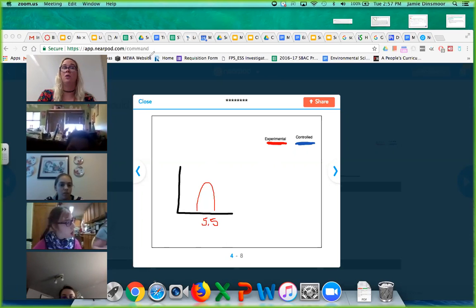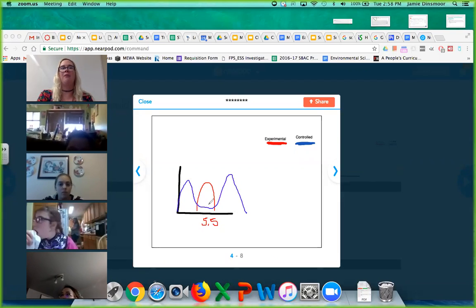Our control mice, on the other hand, we had a bunch of points over here really low, and then we have a bunch of points over here that are really high. But the average is still 5.5, because when we take one high side and one low side and average them together, we're going to get 5.5.